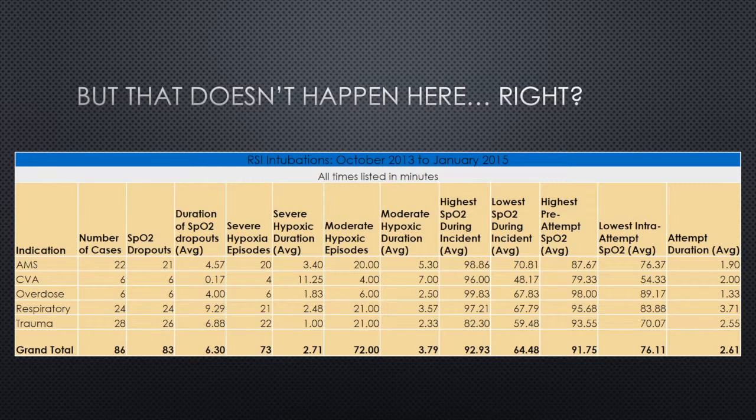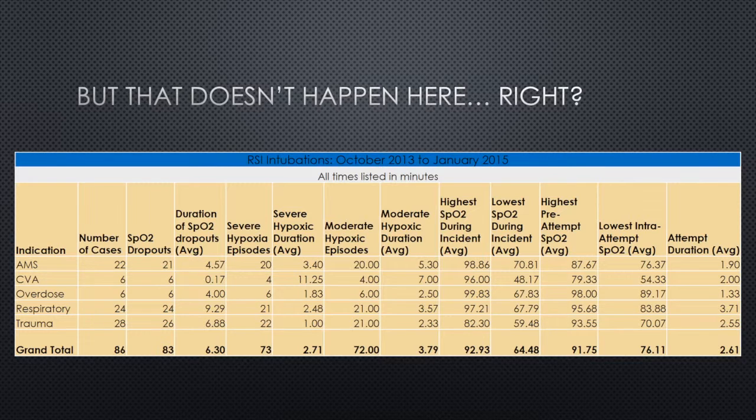All right, so did we have episodes of hypoxia? Yeah, we did. And we broke those episodes of hypoxia into 2 groups, severe hypoxia and moderate hypoxia. Our definition of moderate was a pulse ox between 80 and 90. And severe, our definition was less than 80, so 79 and down.